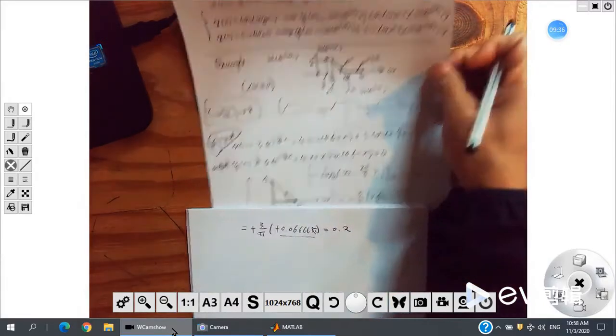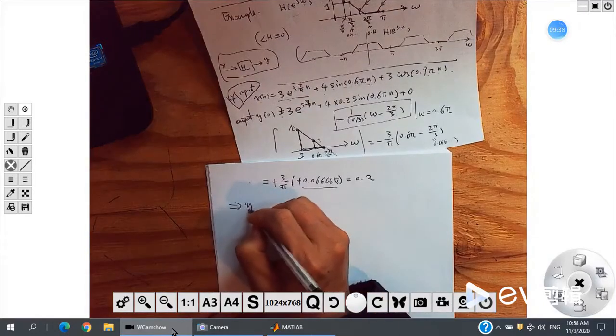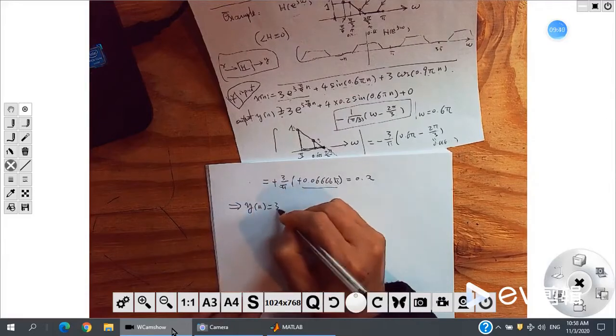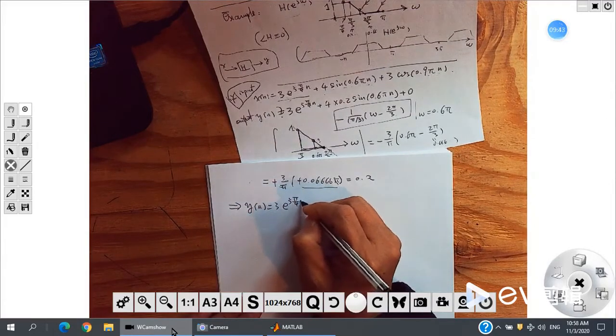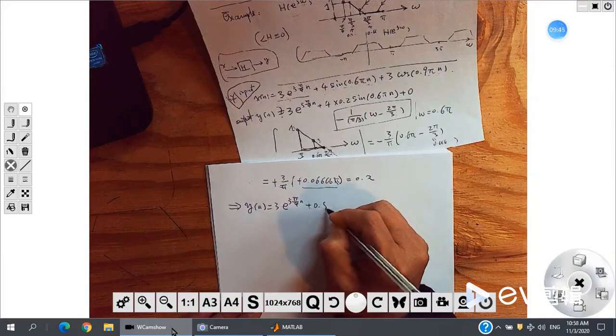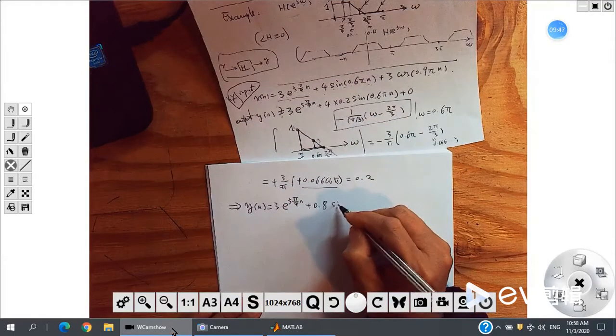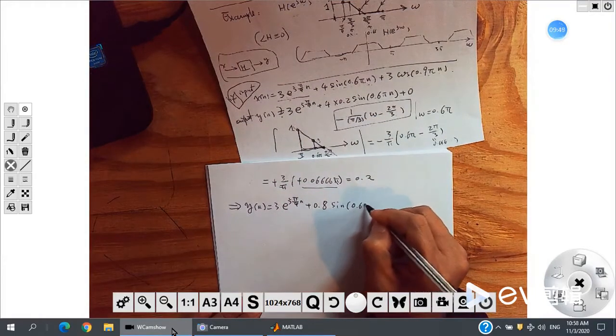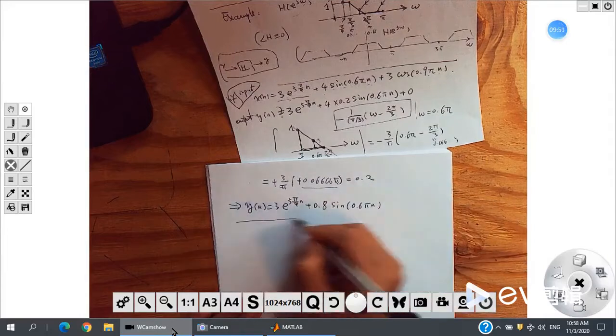Alright, so we have y of n is 3 of e to the j pi over 4 n plus 0.8, times the two together, sine of 0.6 pi n. Okay, we can write out the output.